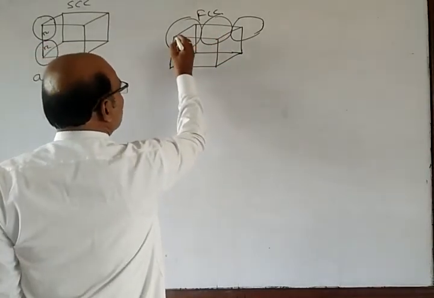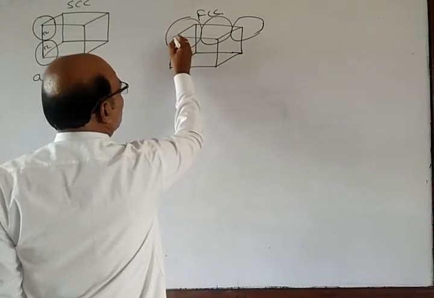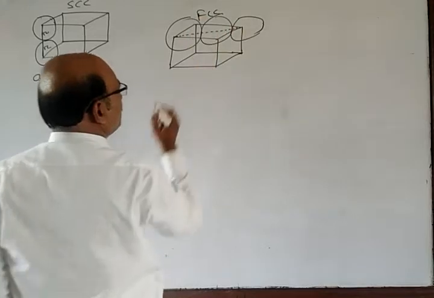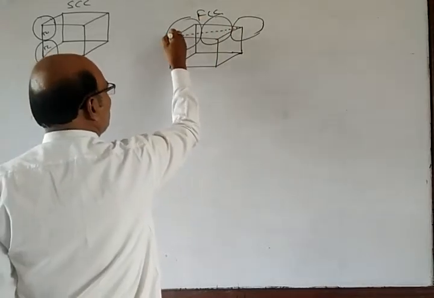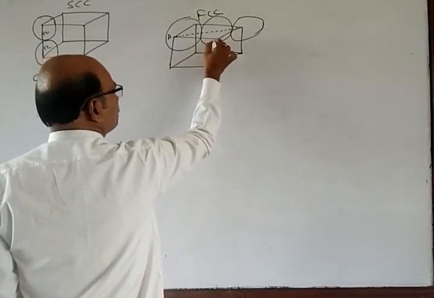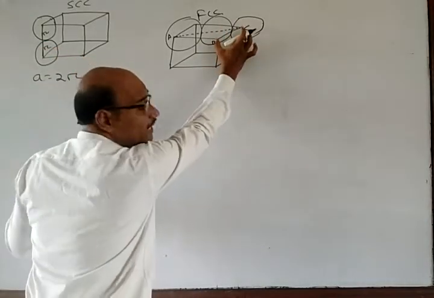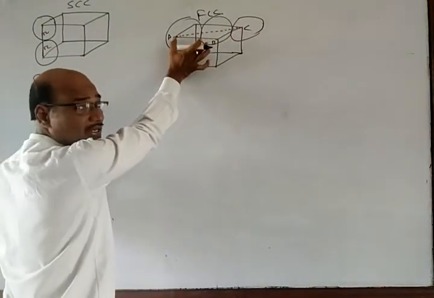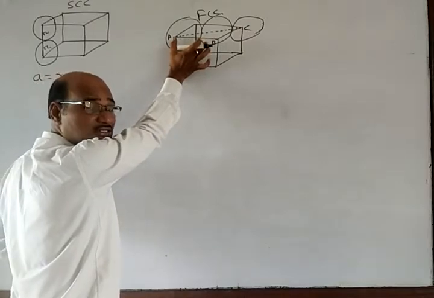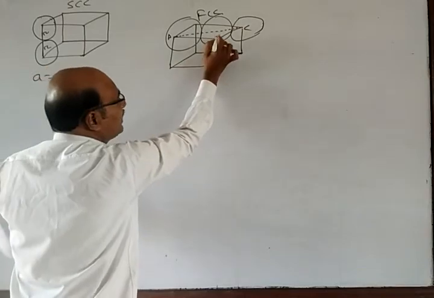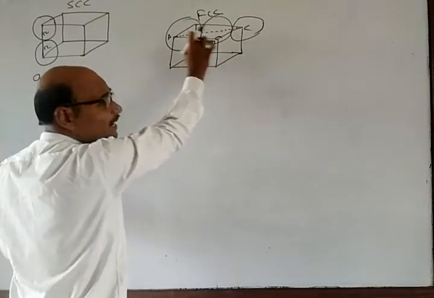So here you can put a diagonal. Take A, B, C. This is edge length a, and this is also edge length a, because in a cubic unit cell all the lengths are the same. This angle is 90 degrees, so it's a right angle triangle.